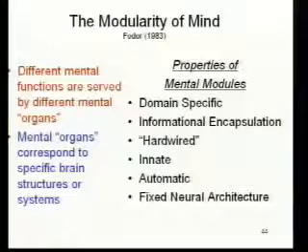First is that they are domain specific, which is to say that each mental module processes only a certain class of inputs. Fodor suggested that there were modules dedicated to processing language, a different module dedicated to processing visual inputs, a different module dedicated to auditory perception, like for the perception of music or whatever.